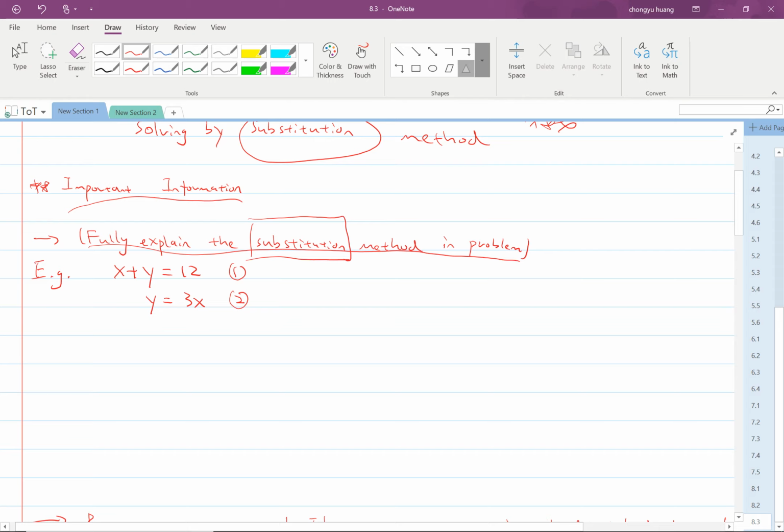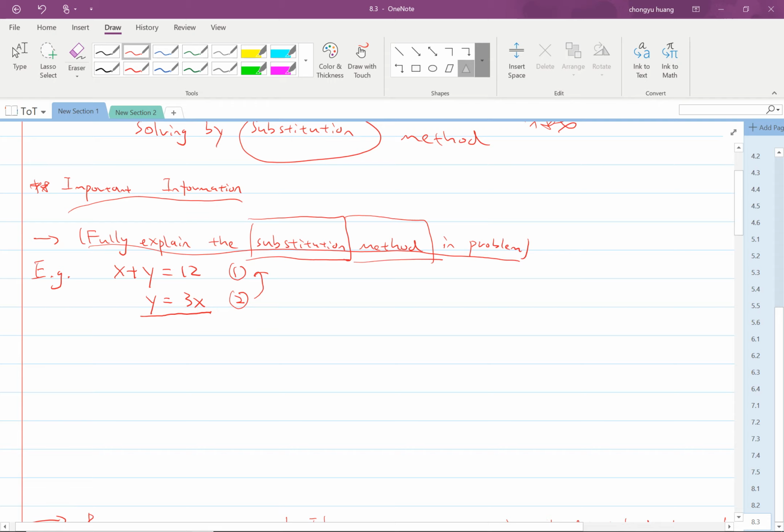To apply the substitution method, you substitute. Here you can see we have y equal to 3x, so you substitute y equal to 3x into equation 1. That's basically what you do.